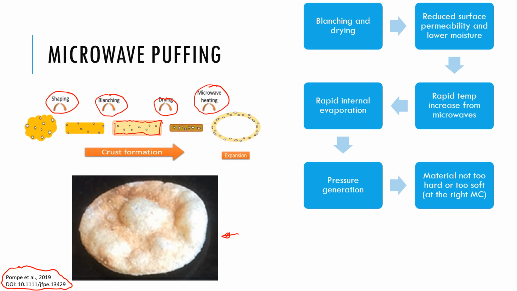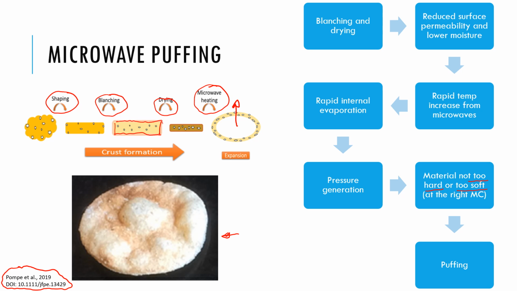The material though is not completely dried up. It's not too hard or too soft, at the right moisture content, and that causes it to puff. The pressure inside and the pressure gradient from inside to the outside causes it to puff.